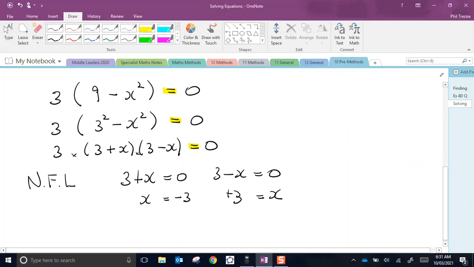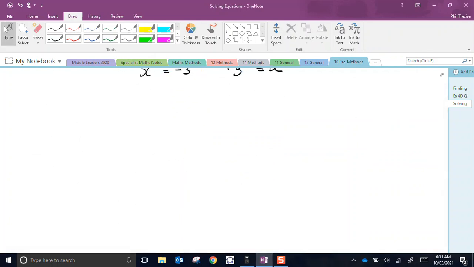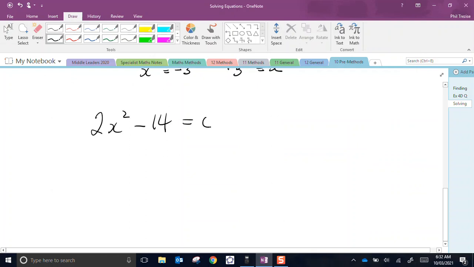What if I had, and I promise I'll be quick, something like 2x squared take 14 equals 0. Well, I can see a common factor of 2, x squared take 14 equals 0.